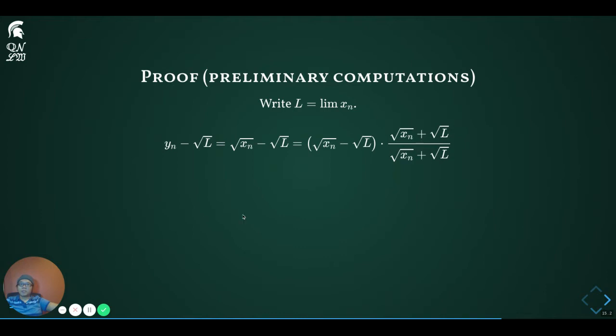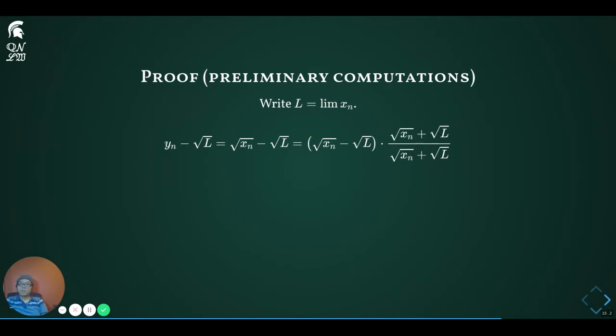Using that y sub n is the square root of x sub n, we find ourselves with a difference of two square roots. To handle this, we will use a trick known as the rationalization of the numerator. This is the opposite of the rationalization of the denominator trick that you have frequently used in college algebra. I will talk about why this is useful in a bit.